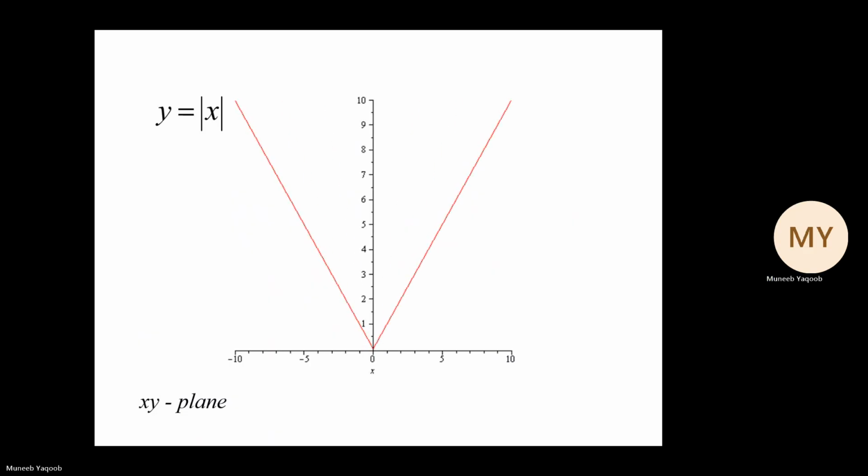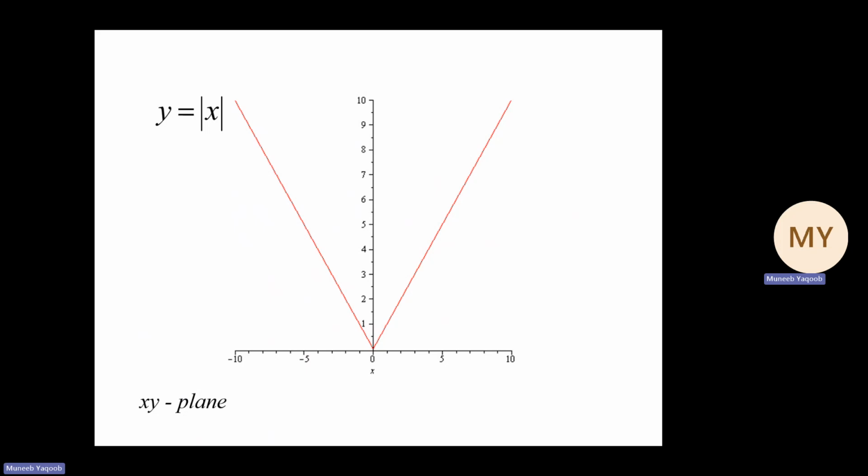Okay. So how to basically draw this graph? It's a very simple thing. In the first function that we discussed, if you remember, we drew a line y equals x. And that line was basically bisecting the first quadrant and the third quadrant at an angle of 45 degrees, because a quadrant has 90 degrees.